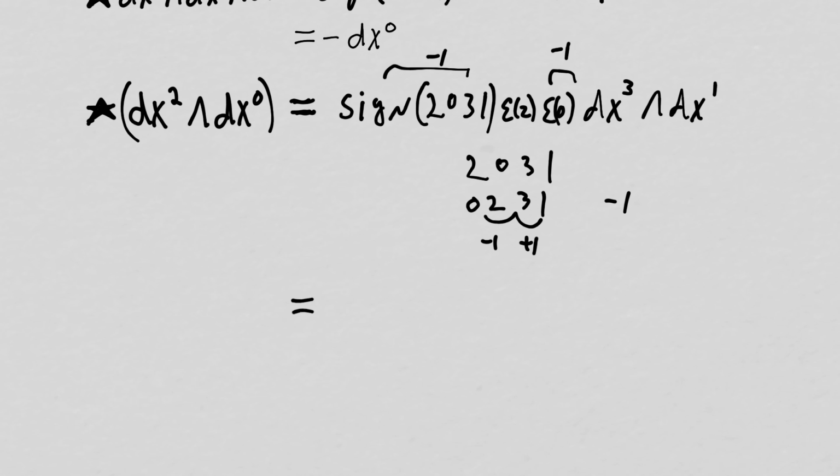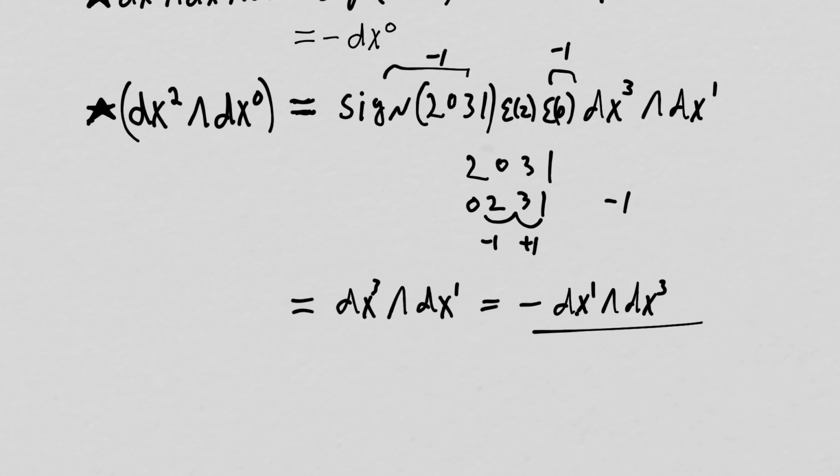So I know that this equals dx3 wedge dx1, which, if I want to put it in my nice order, I make now minus dx1 wedge dx3, like that.